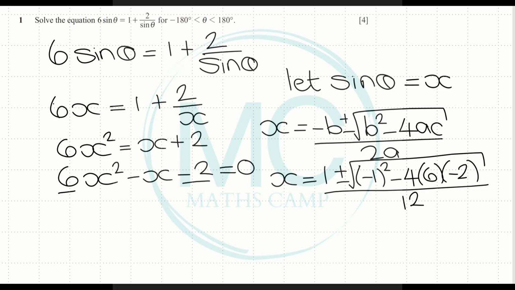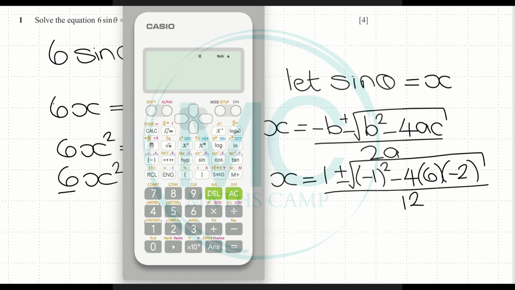Now, because of the plus and minus sign, you cannot put the formula straight into your calculator. But the easiest thing to do is to find the values under the root. Now you can take your calculator, so open a bracket, you can say negative 1 squared minus 4 multiplied by 6 multiplied by negative 2 is equal to 49.